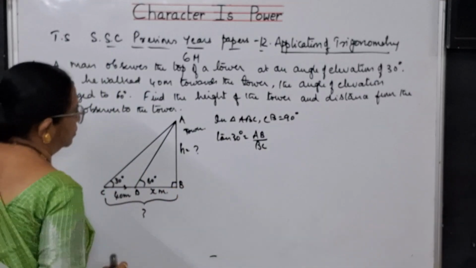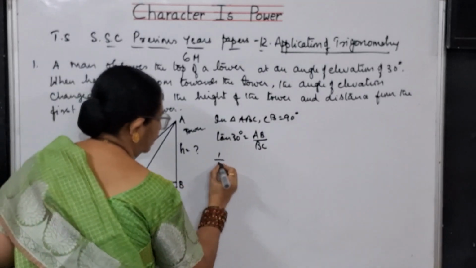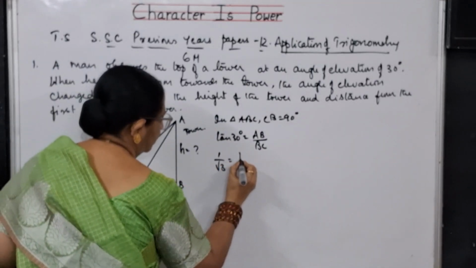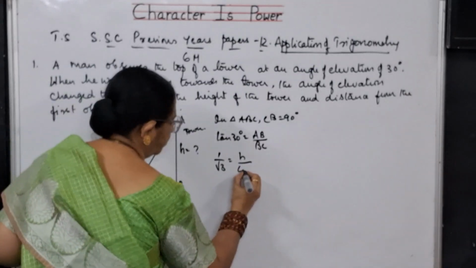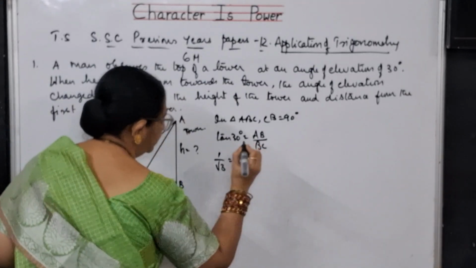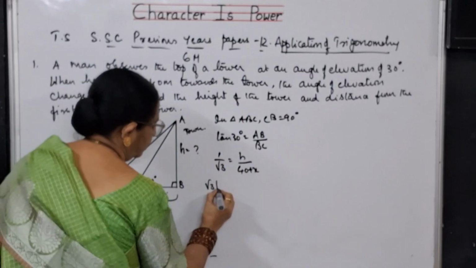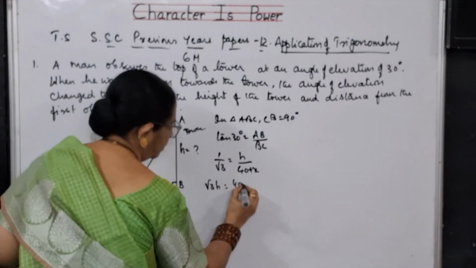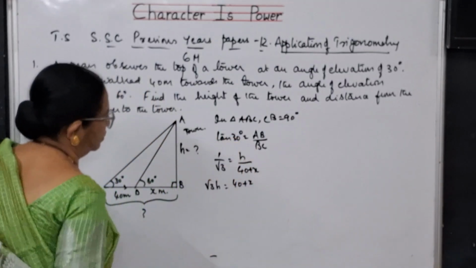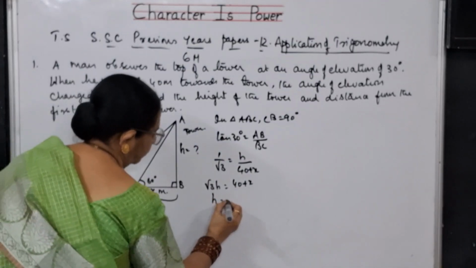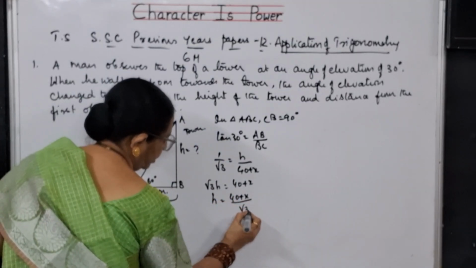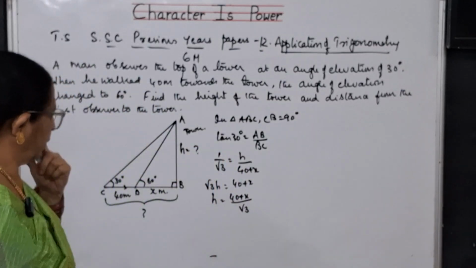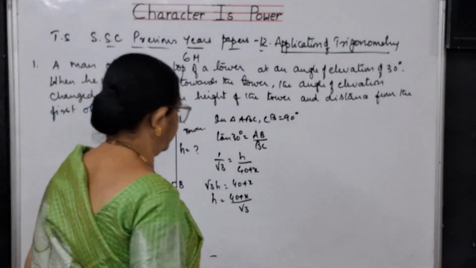So tan 30 is 1 by root 3 is equal to AB is h by BC, which is 40 plus x. So root 3 h is 40 plus x. Then h is 40 plus x by root 3. Leave this as it is.